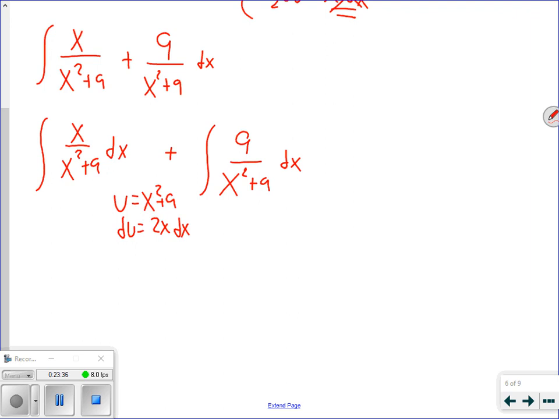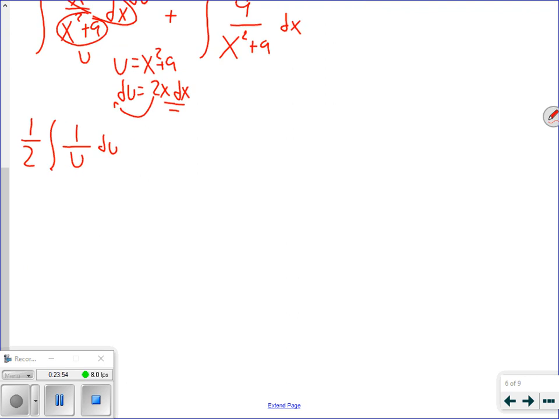And then I can bring the 2 over as a half, so I'm left with 1/2 the integral of x dx can now be substituted out as du, right? And x squared plus 9 can be substituted out as u. So I got 1 over u du. And that integration is nothing more than the ln, the absolute value of u, which is x squared plus 9.